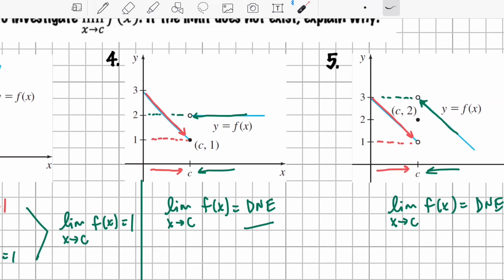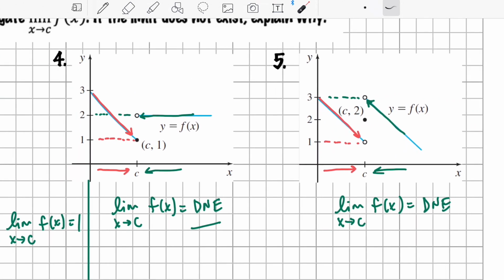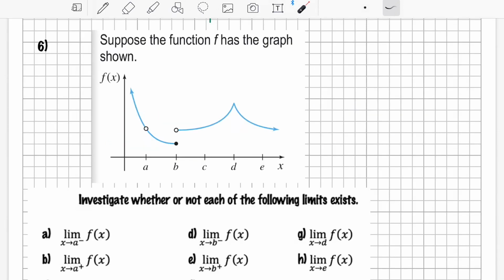But if I use 2 pencils or markers and I draw, I notice that they do not touch, or they're not going to go to the same y value, so therefore the limit does not exist. Same thing here. Notice that we're approaching 3 from this side and 1 from this side. They don't touch or get close to touching, so therefore the limit does not exist.